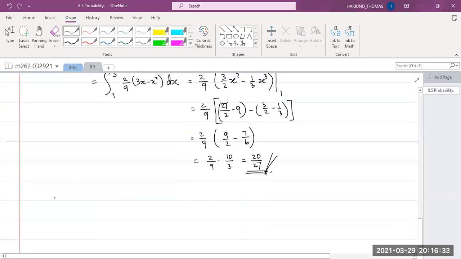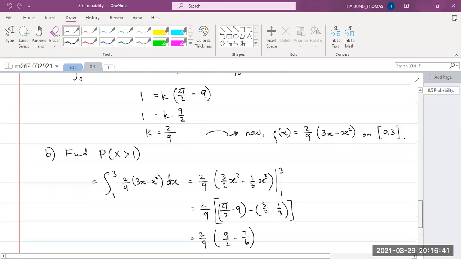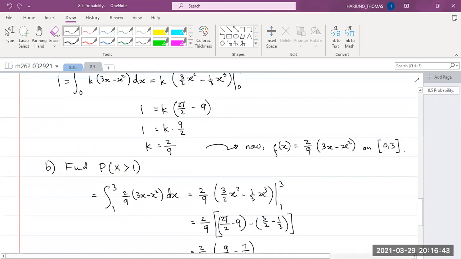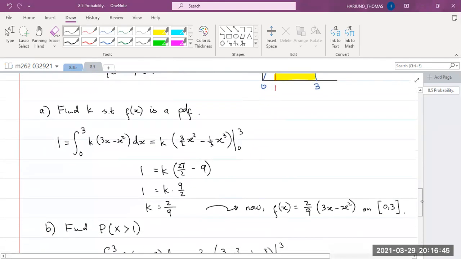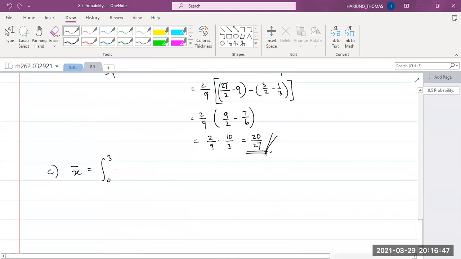Part C, find the mean. X bar equals, you just use the integral for the probability density function, but you insert x. So x times k times (3x minus x squared) dx. I pull the k out, that's 2/9.